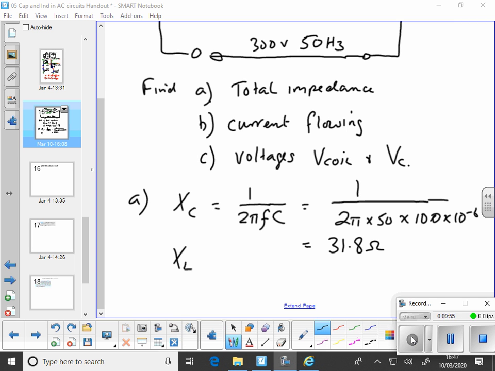XL, Taylor? XL equals 2 pi FL, 2 pi times 50 times, equals.